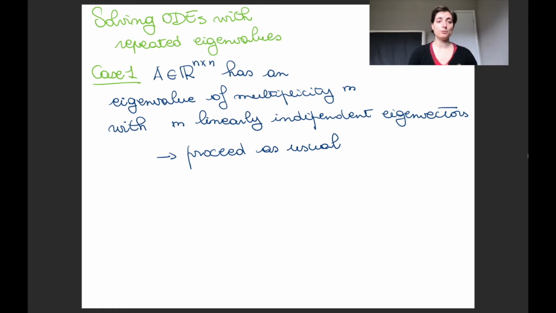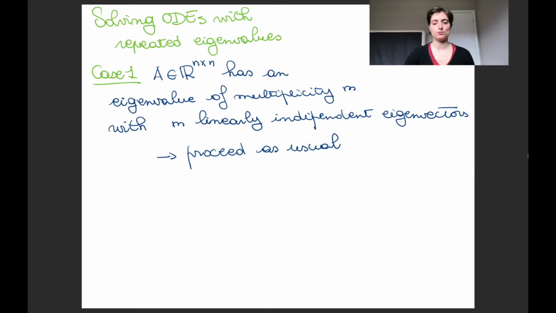So when we solve ODEs with repeated eigenvalues, the first case is the identity matrix case. A, a square matrix of size n, has an eigenvalue of multiplicity m. That means an eigenvalue that comes in the characteristic equation as a solution of order m. But even if lambda, the eigenvalue, has multiplicity m, it is connected to m linearly independent eigenvectors. In this case, to solve ODEs, we don't have a problem.